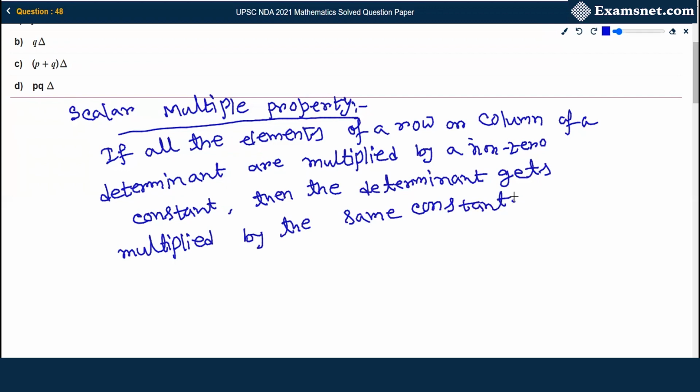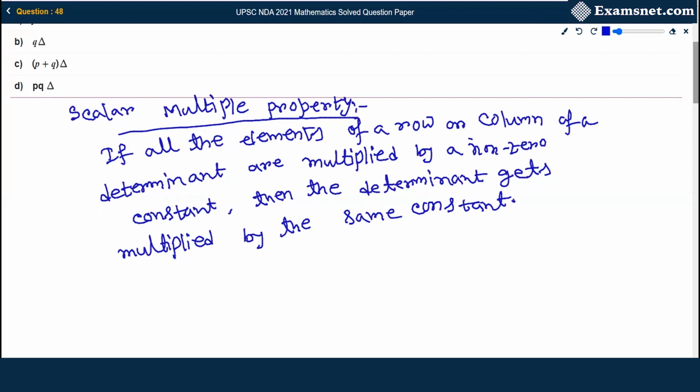Okay, I will explain it while solving the sum. If all the elements of a row or column of a determinant are multiplied by a non-zero constant, then the determinant gets multiplied by the same constant, correct?